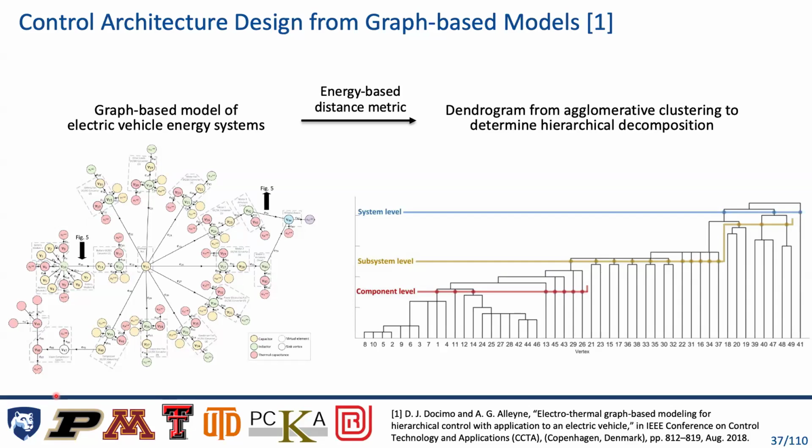And that basically tells you that if you're designing subsystems, you really should have those two vertices within the same subsystem. Connections that occur up here mean that those parts of the system are more decoupled, and it's better to divide the system along those lines. So this is a nice way to design the architecture of your controller directly from the structure and the dynamics of your system, which once again is exploiting this graph-based structure.